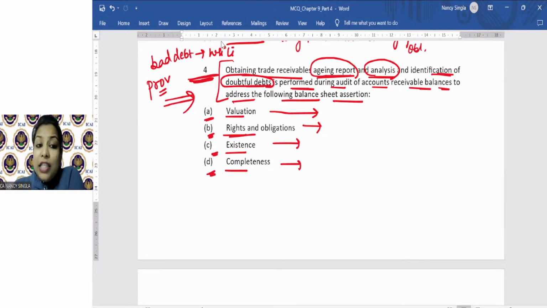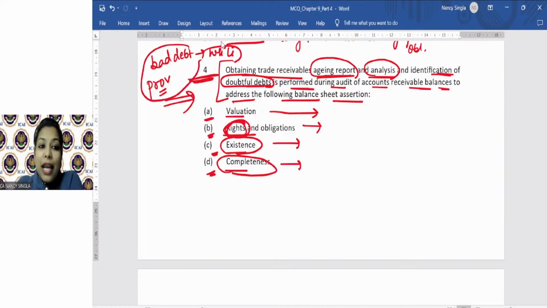See, in rights and obligations you check whether the company has a right on these trade receivables or not, okay. Existence: whether it exists or not, whether it relates to the entity. In completeness you check that all debtors have been included. So see, provision, bad debt, write off, where will its impact come? On valuation. So whether the amount reflected in the trade receivables is valued accurately as per the applicable financial reporting framework or not, the answer will be valuation. Okay.